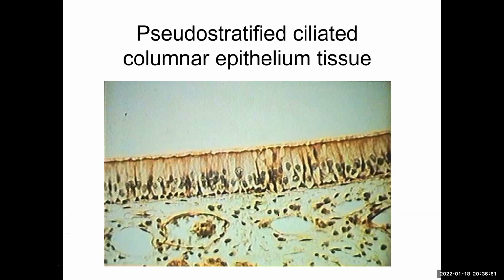All right, so in this type of epithelium, all the cells are in contact with the basement membrane, which is right down here. But not all of those cells manage to make it to the apical surface. And again, this isn't a highly magnified picture, but this is all cilia at the top there.